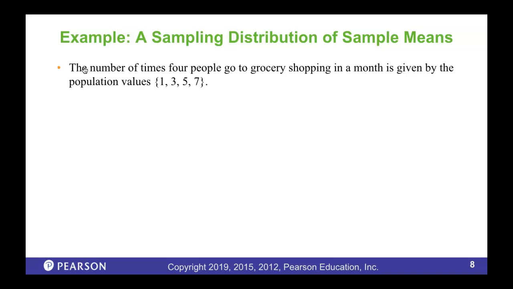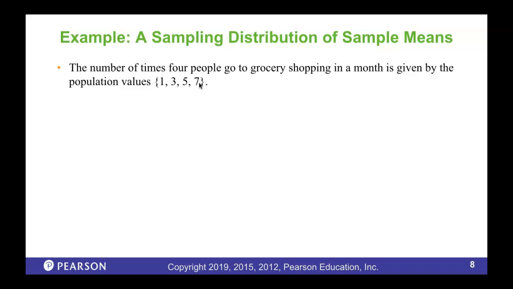Just 4 people. Sue goes grocery shopping once a month. Michael goes 3 times a month. Noah goes 5 times a month. And Luna goes 7 times a month. That's what they are saying. We got 4 people, and we asked those 4 people, hey, how many times do you go grocery shopping? And they gave us these numbers.